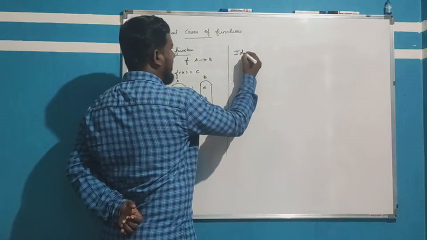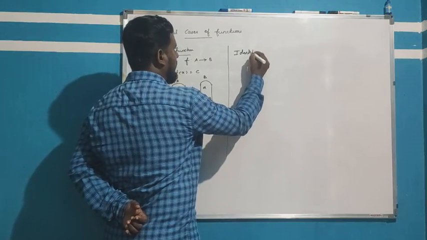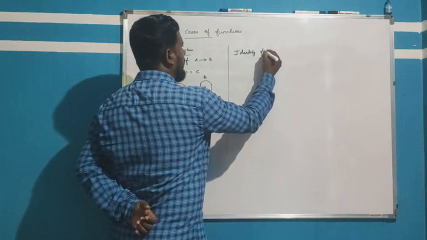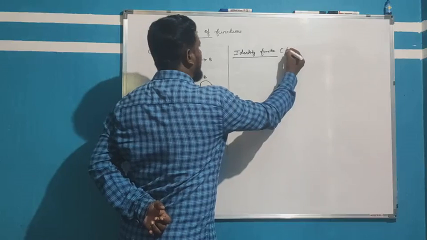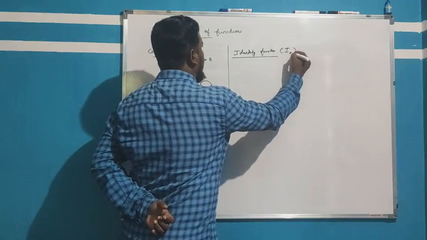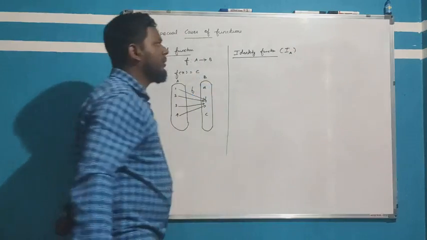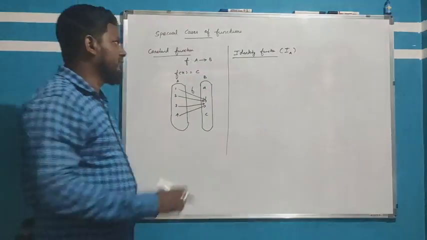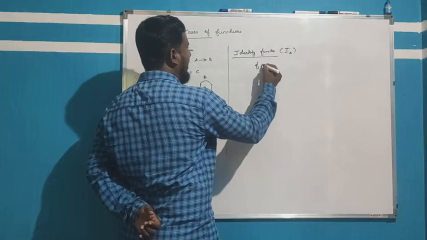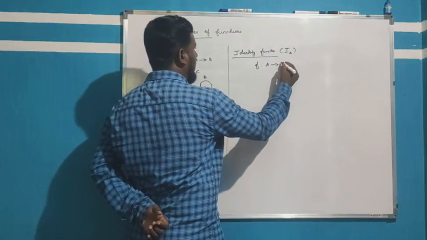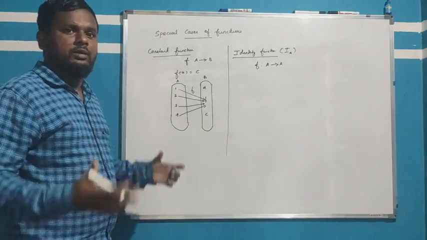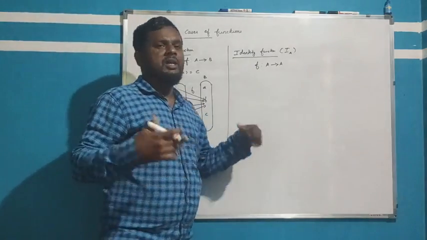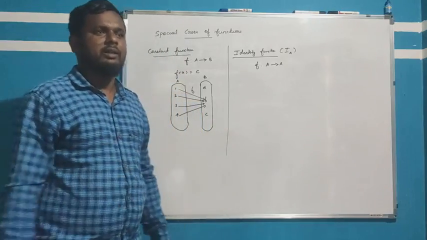What is the identity function? The identity function is denoted by I of A. In this function, f is from A to A, which means preimage and image are the same type.